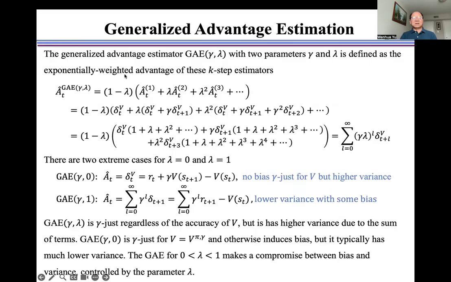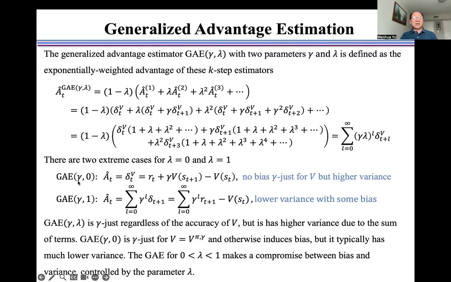The generalized advantage estimator GAE(gamma, lambda) with two parameters gamma and lambda is defined as the exponentially weighted average of these k-step estimators, as shown here. There are two extreme cases, lambda 0 and lambda 1, as shown here.